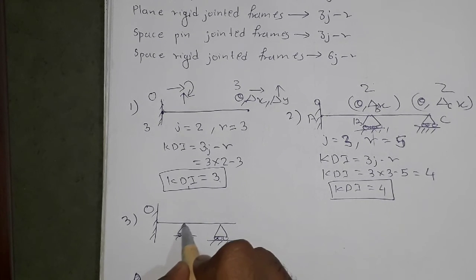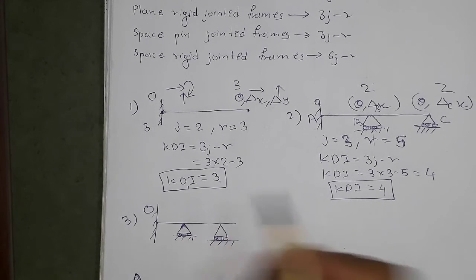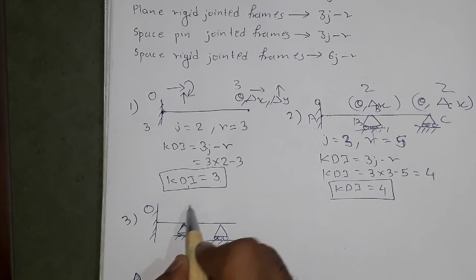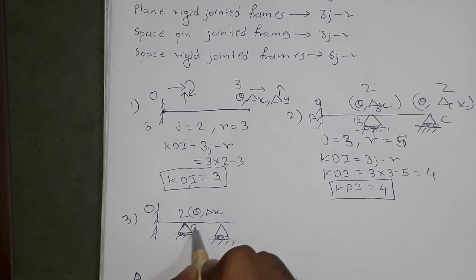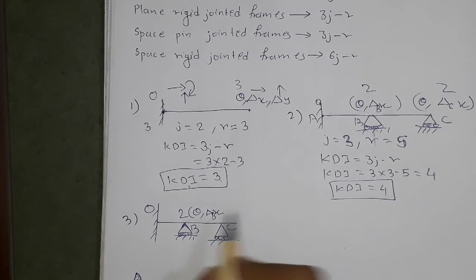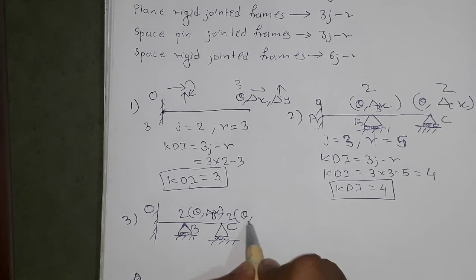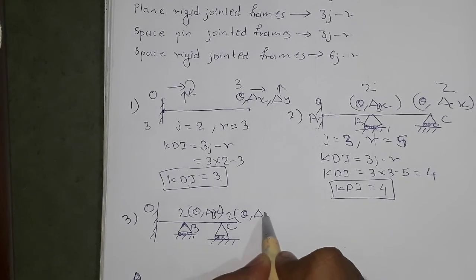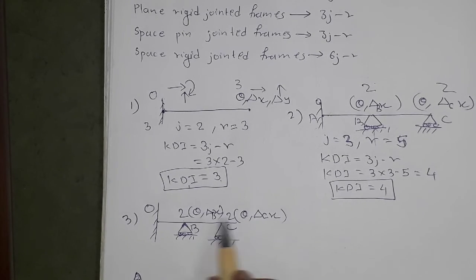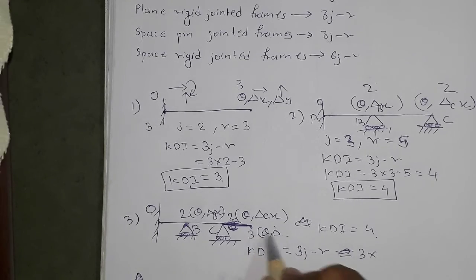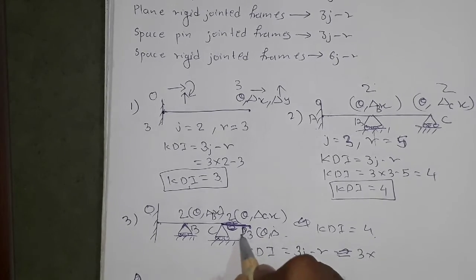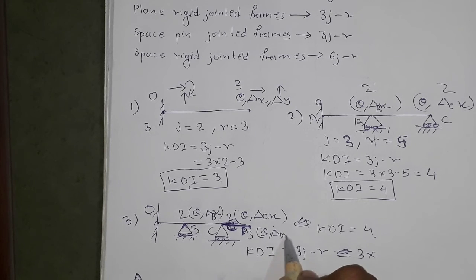At this roller support, there will be 2 displacement components, theta and delta x at B. Again at this joint, 2: theta and delta x at C. And at this free support there will be 3 components: theta, delta D horizontal, delta D vertical.